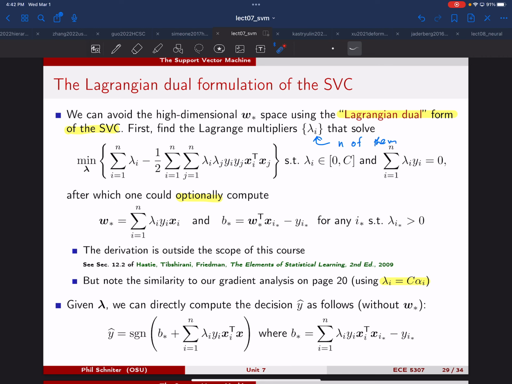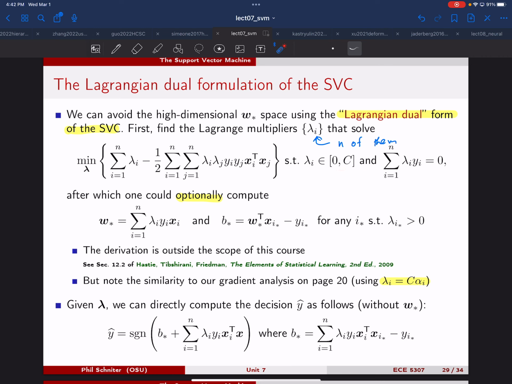So in some sense, this explains what those question mark values of alpha i were. Whatever the lambdas are here, you divide them by c, and you'll get the alpha i's. And notice that these lambdas are always between 0 and c. That means that the corresponding alpha i's would be between 0 and 1, which makes sense because before we knew in some cases alpha i was 0, in some cases it was 1. We had this question mark. Well, it turns out all those question mark values are somewhere between 0 and 1. That's what we can see here.